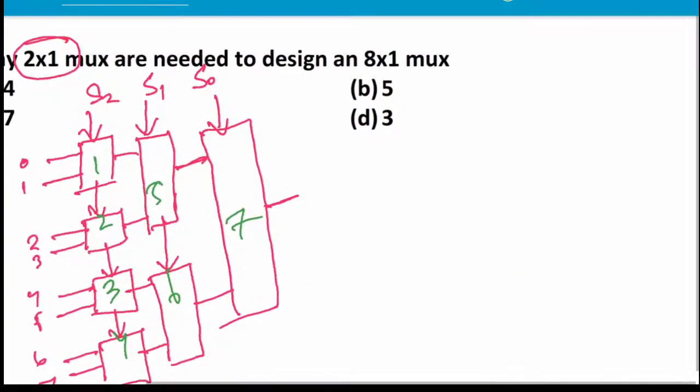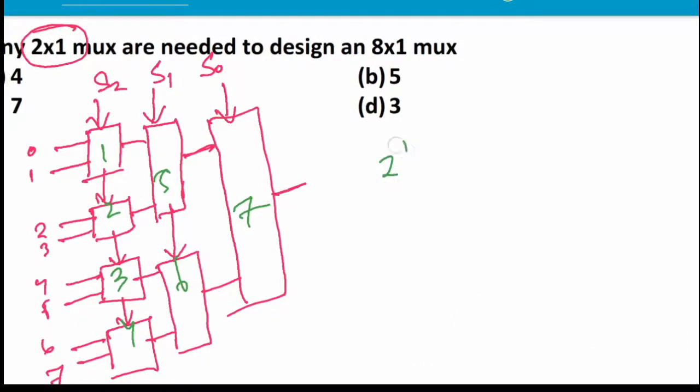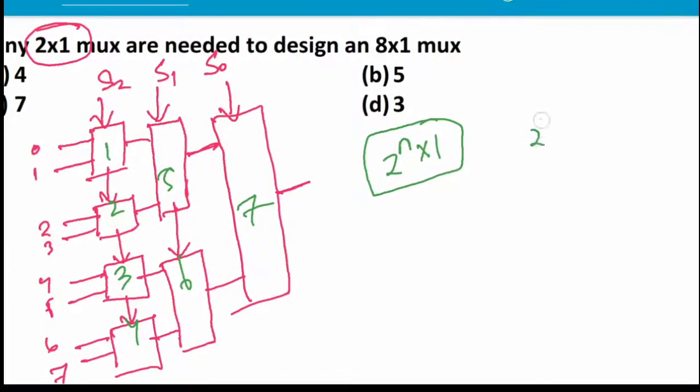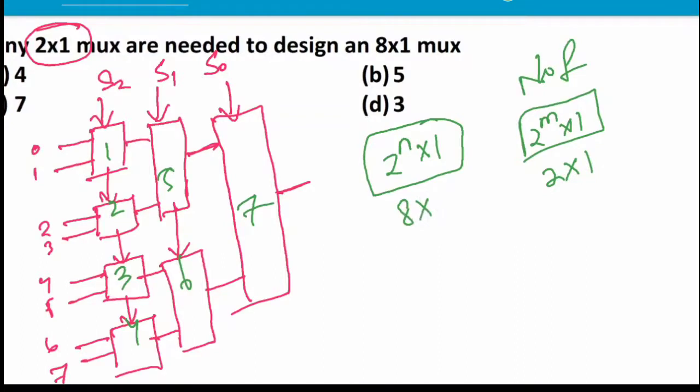So what is the method for this? Mathematically we can find out, suppose given 2 to the power n cross 1, and we have to find out the number of 2 to the power m cross 1 multiplexers. Suppose this is a 2 cross 1, and this is an 8 cross 1 multiplexer.